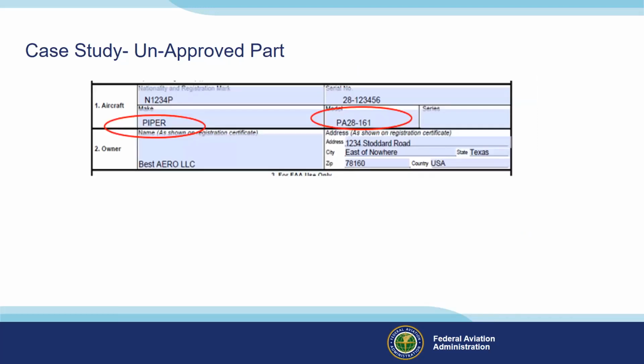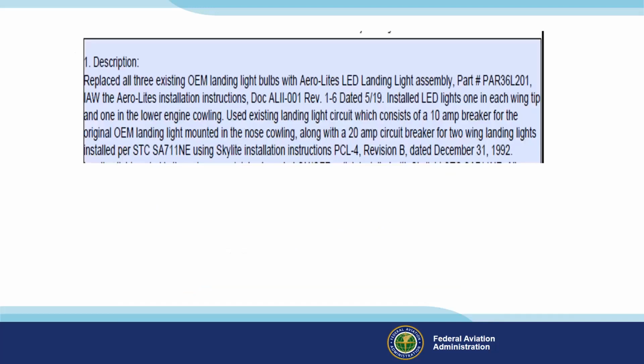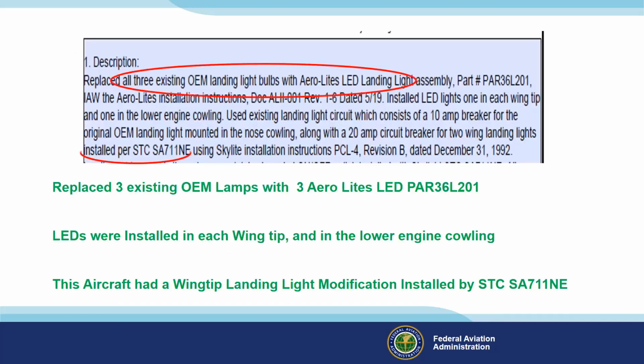It is for a Piper PA-28. And there's the IA check, and it's going to be signed off by an IA, and they can approve a major alteration. Here's the description.